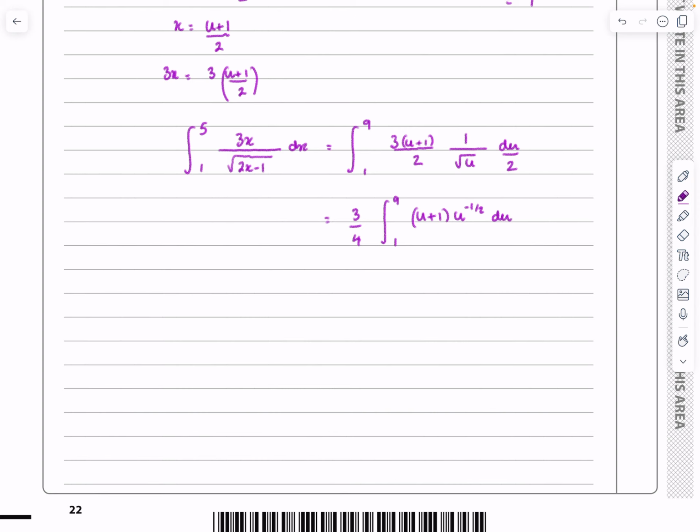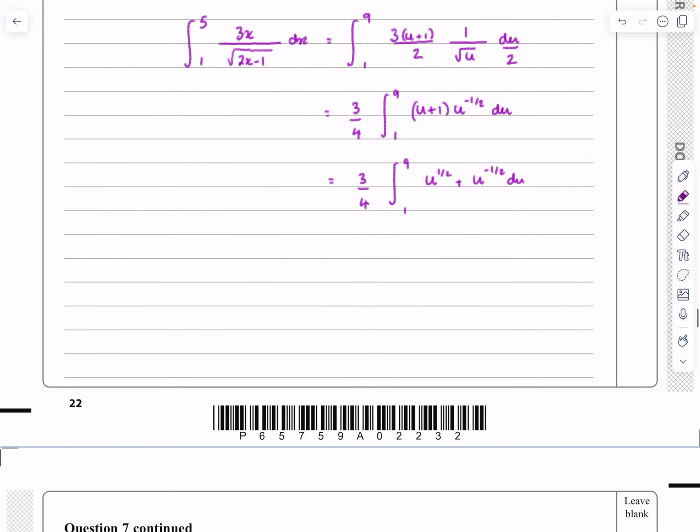Let's just finish off multiplying that. So that's going to be 3/4 integral between 9 and 1. That's just going to be u times u to the minus half giving me u to the half, and then 1 times that is going to give me u to the minus half du.